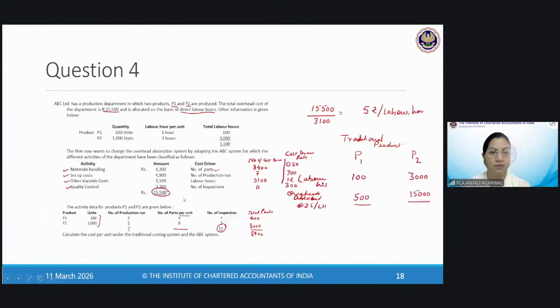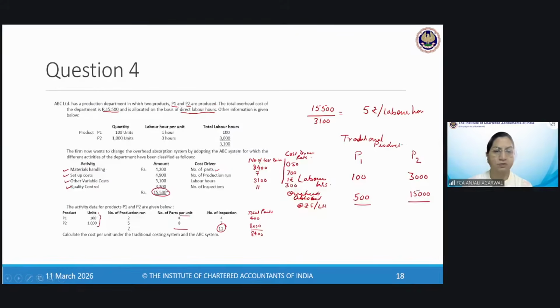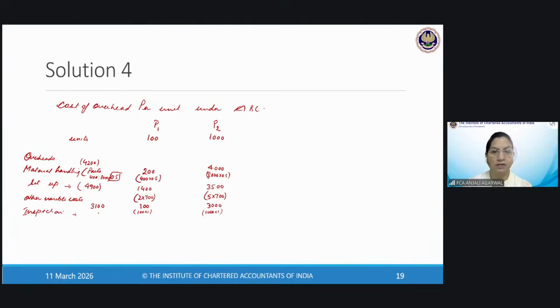Next is other variable cost. Total is 3,100, labor hours 100 and 3,000. So you can write here 100 into 1 and 1,000 into 1. Last is inspection. The total inspection cost is 3,300.